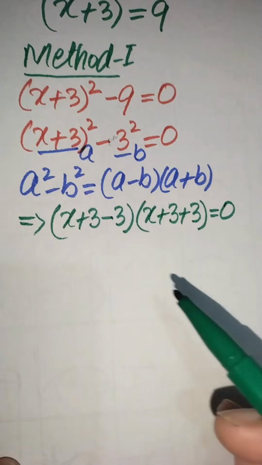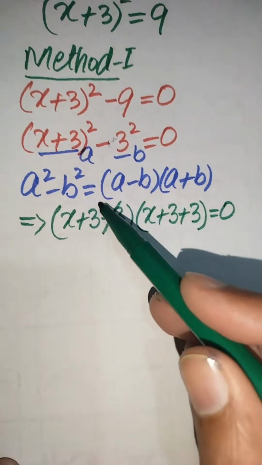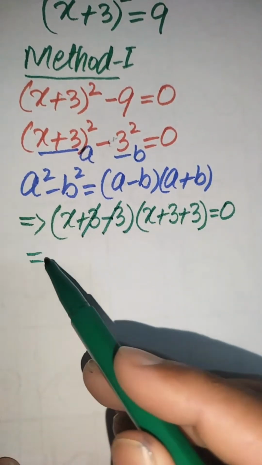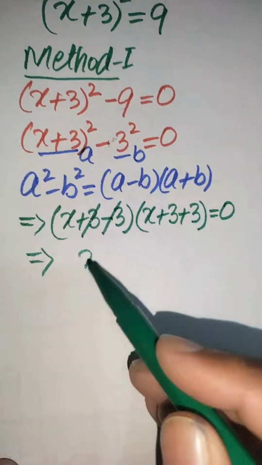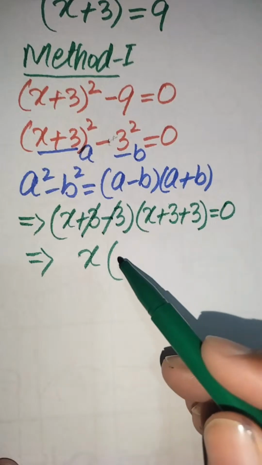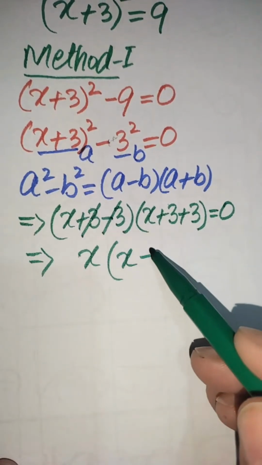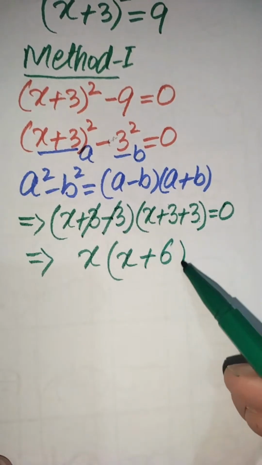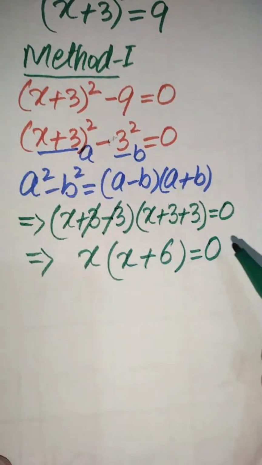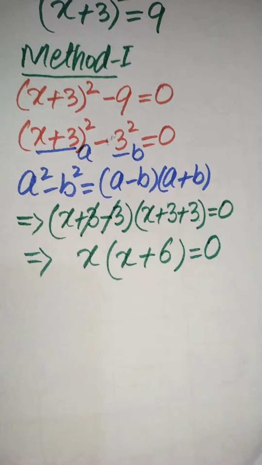In the next step, this -3 and this +3 cancel out each other, and we get x times (x + 3 + 3), which becomes x times (x + 6), and this whole equation is equal to 0.